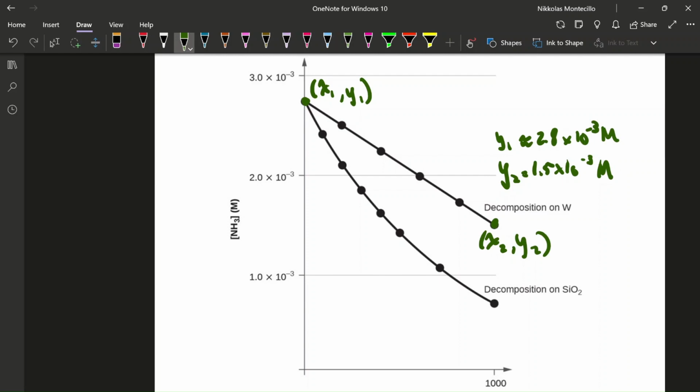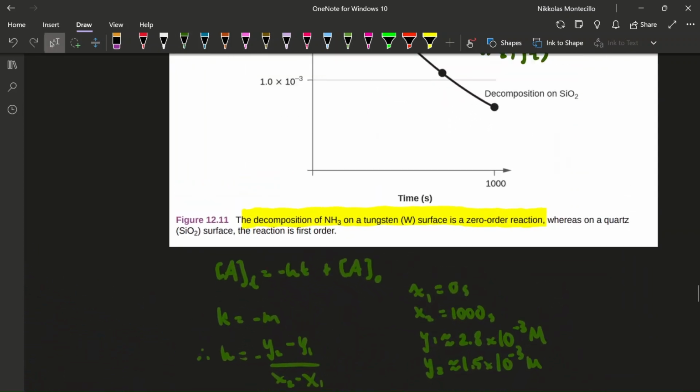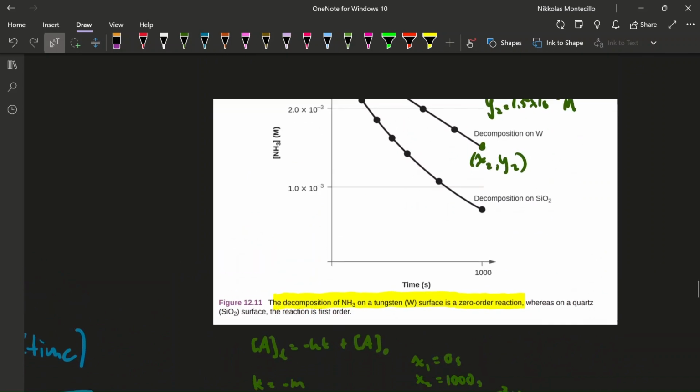Right? X1 equals 0 seconds. X2 equals 1000 seconds. Right? As I've shown here in this plot below.